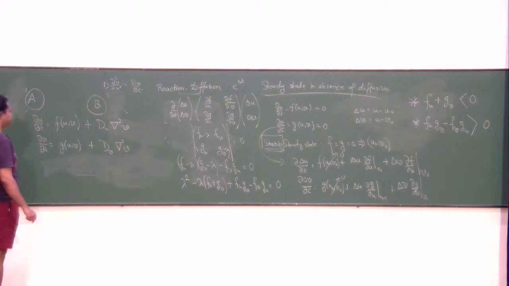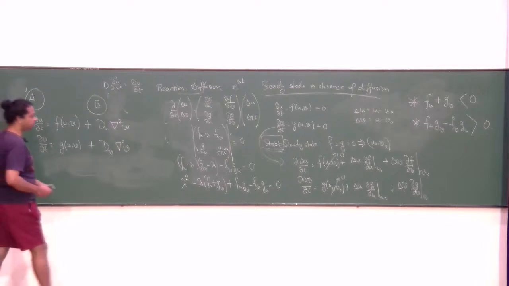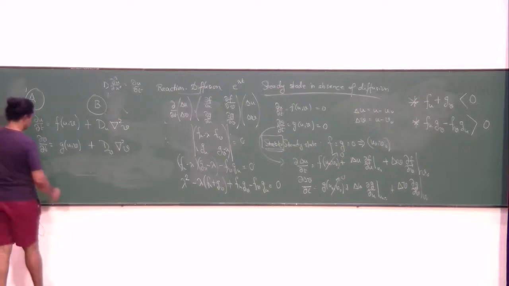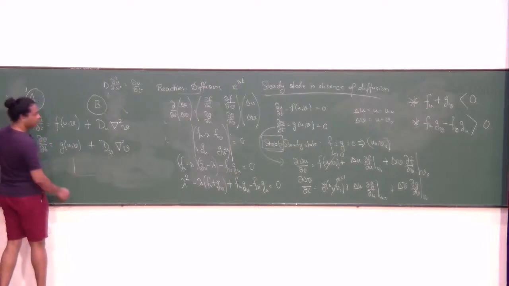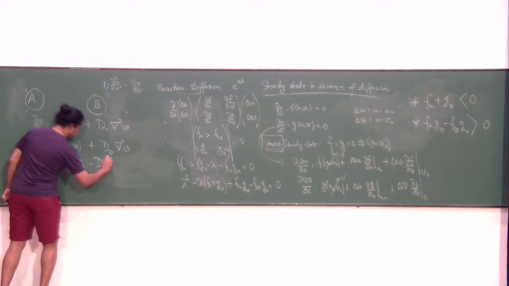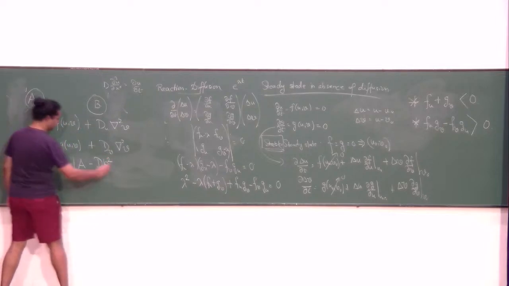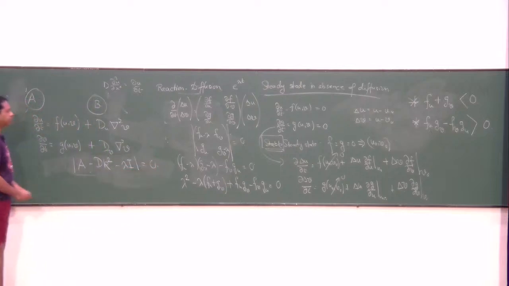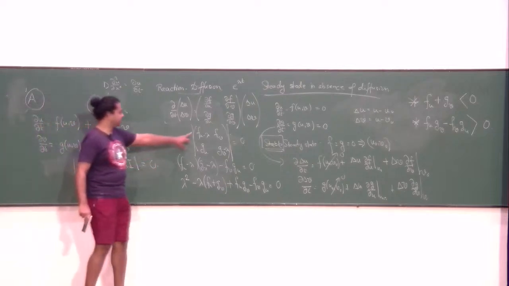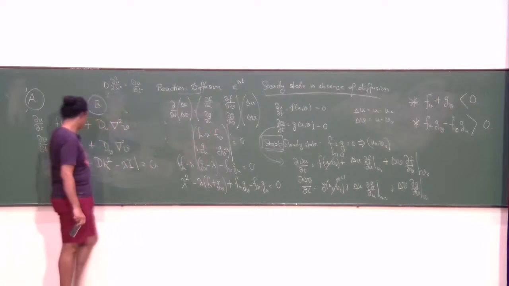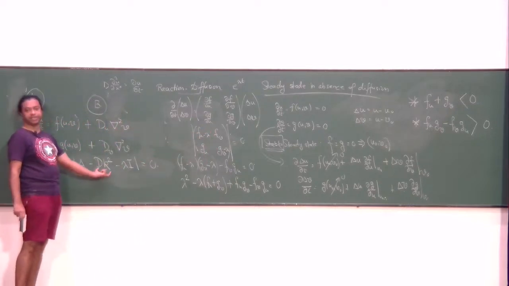And therefore, again, we'll linearize about this steady state, f of u naught v naught. And in that case, the characteristic equation is, this stability matrix A minus D times k square, and then of course minus lambda times the identity matrix is equal to 0. So in this case, we solved stability matrix A minus lambda times the identity matrix equal to 0. In this case, you have this diffusive contribution Dk square as well.